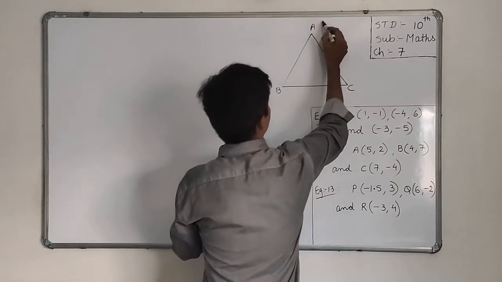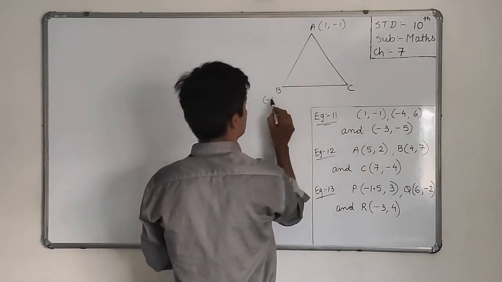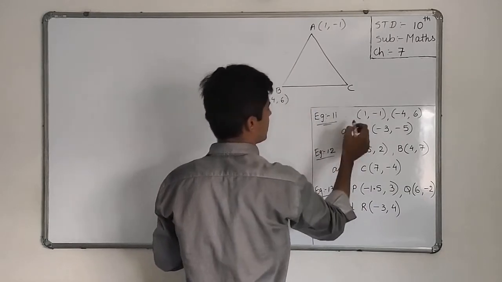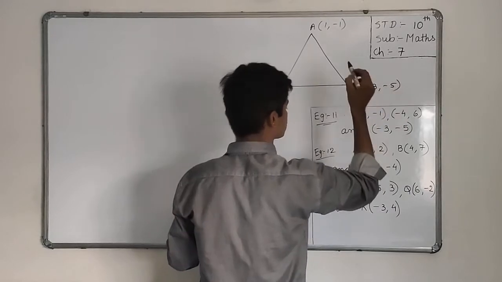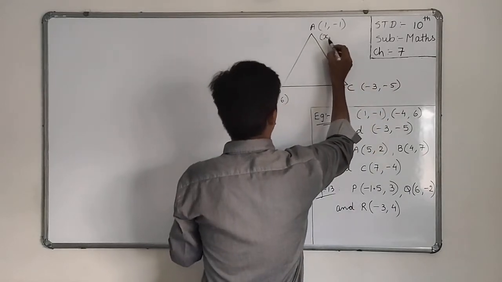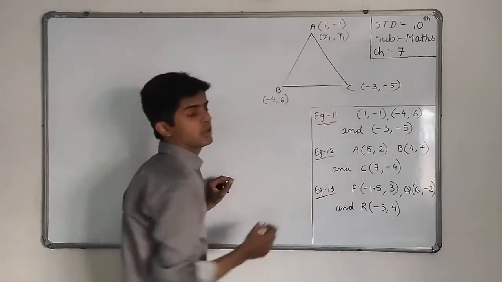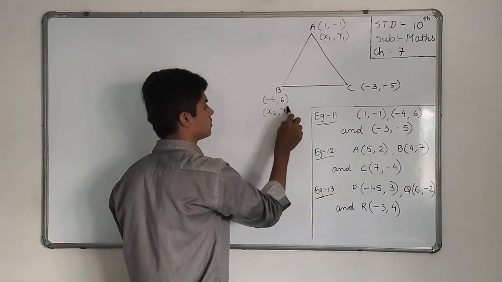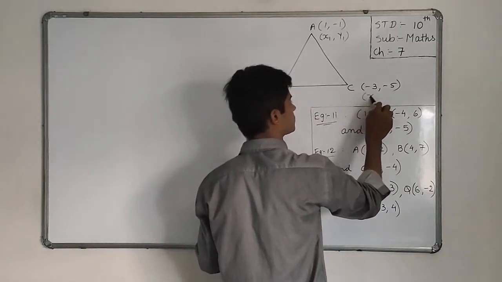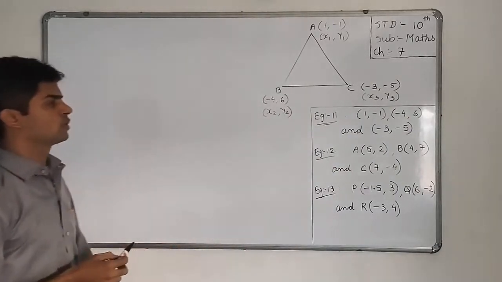Okay, A will be 1 comma minus 1, B will be minus 4 comma 6 and C will be minus 3 minus 5. x1 y1, x2 y2, x3 y3. Okay.